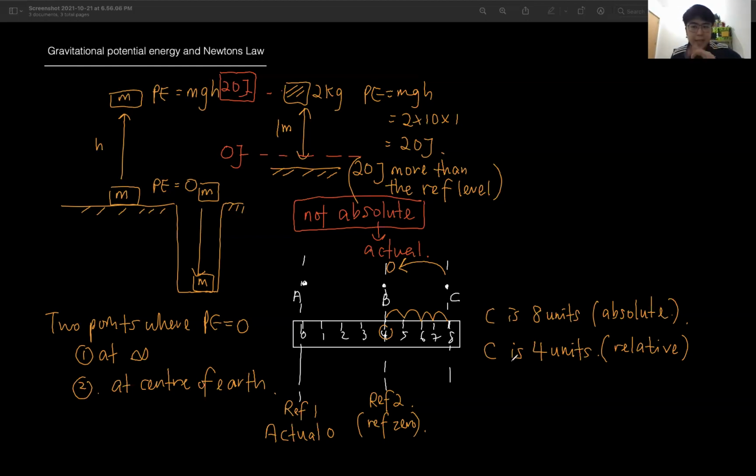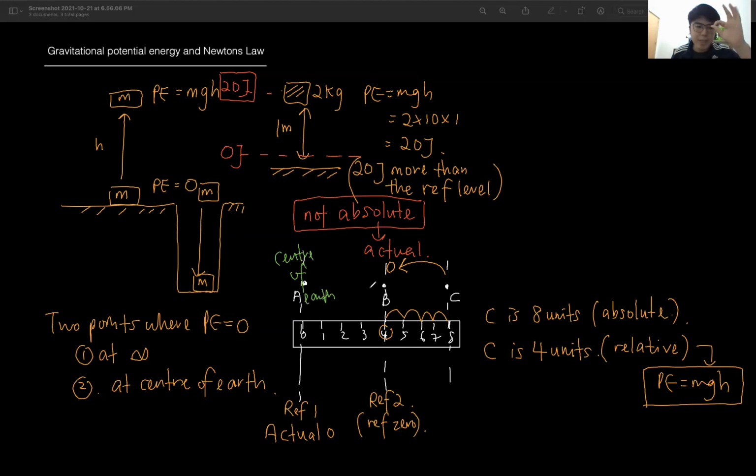This, the second case, is the same as your PE equals mgh. Meaning that for all the calculations of mgh, we are taking the potential energy relative to the ground, the reference point. You can think of it like point A is the center of the Earth.